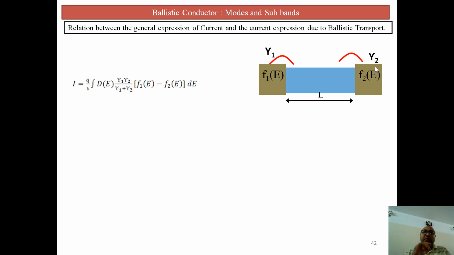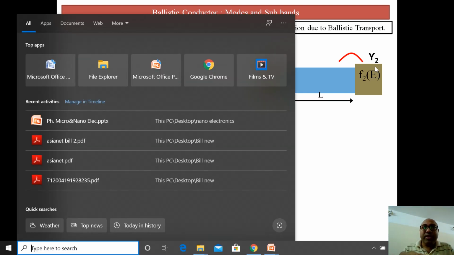That's gamma 1, gamma 2. What is the dimension of gamma 1, gamma 2? Just refer to my last discussion. I think in the first few lectures we had a discussion on the expression of gamma 1 and gamma 2 for ballistic transport. Okay, you can find it, or it will come out here also in a minute.